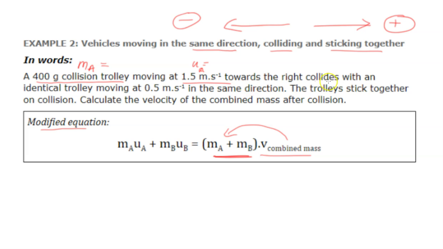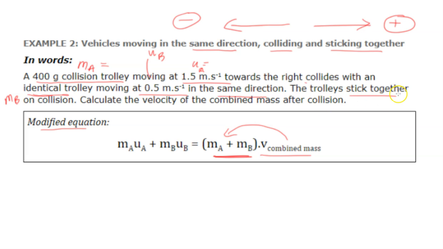It's going to collide with an identical trolley moving at 0.5 meters per second in the same direction, so it's also going towards the right. And its mass, because it's identical, is also 400 grams. So this is our initial velocity of B.